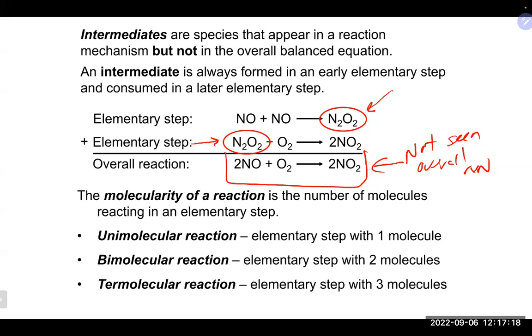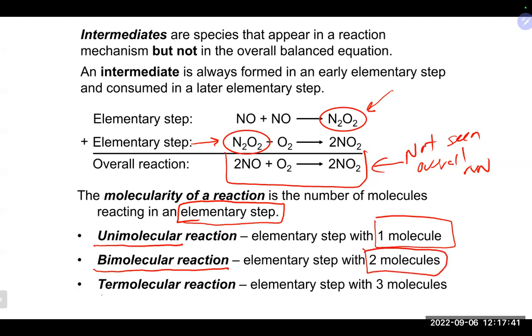Other questions? Now, when we talk about these elementary steps, which are really the basis of these mechanisms, we could classify them in a few different ways. One is a unimolecular step or reaction. Unimolecular means it's just one molecule that's reacting. We could have a bimolecular, which means there's two molecules reacting.